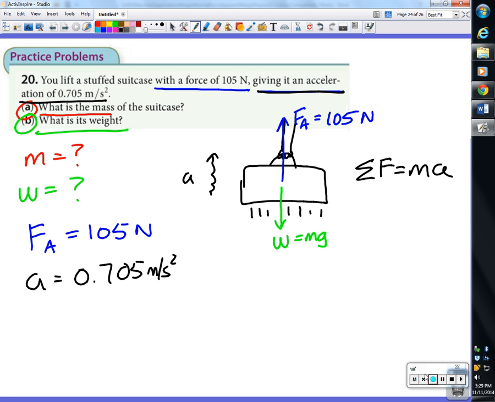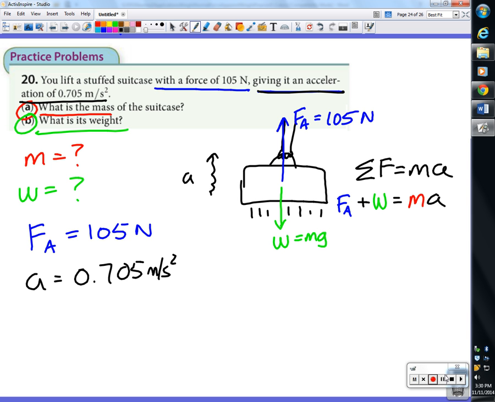Because we're dealing with acceleration, we can use Newton's second law. Sigma F is equal to m times a. Applying it to our problem specifically, F of A plus W equals m times a.